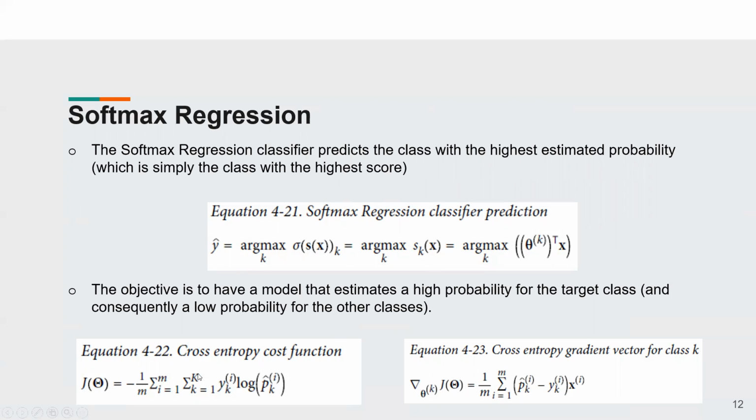It's very similar to what we just saw for logistic regression, and for each class k, you would have a specific y_k and a corresponding probability estimate of belonging to that k, log p_k, and then this whole function is defined as the cost function for multinomial logistic regression. Correspondingly, for this objective function, there would be an estimate for the gradient vector for specific class k that you can leverage.